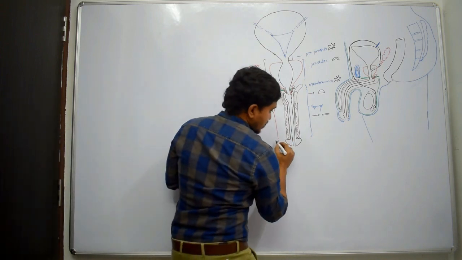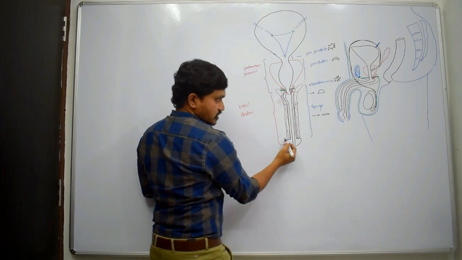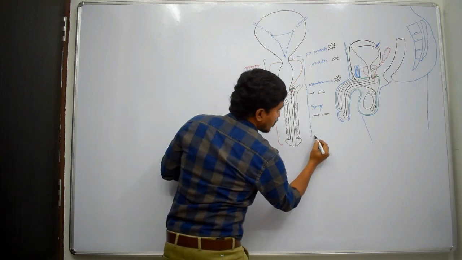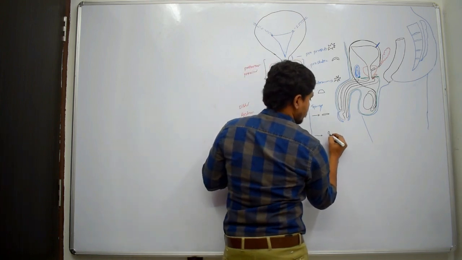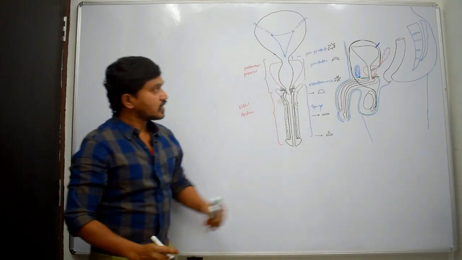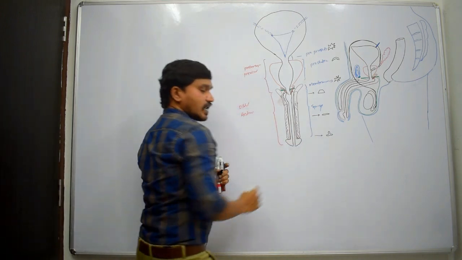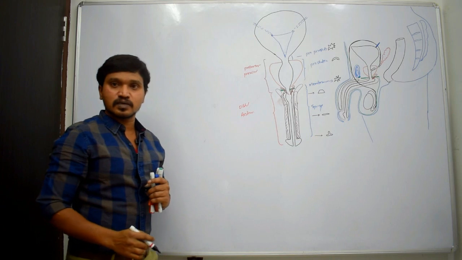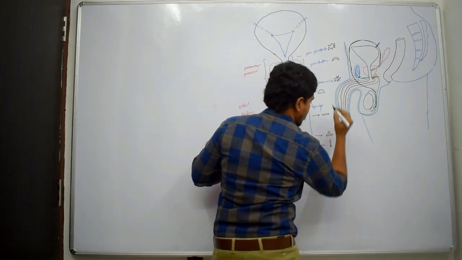Then if you take the section at the base of the glans penis, see this is glans penis, it is inverted T-shaped. It is like this. Then if you take the section at the external urethral orifice, it is a vertical slit or sagittal slit.